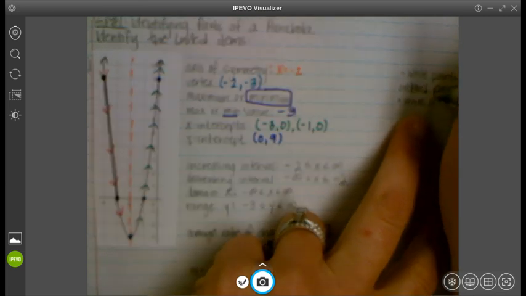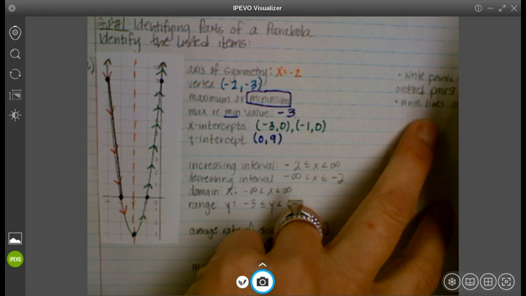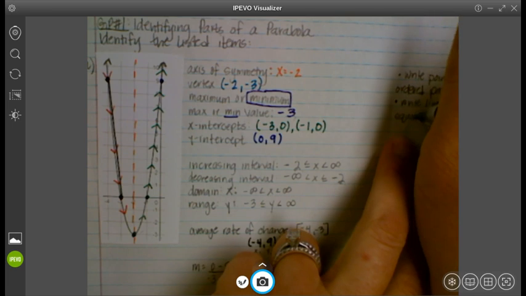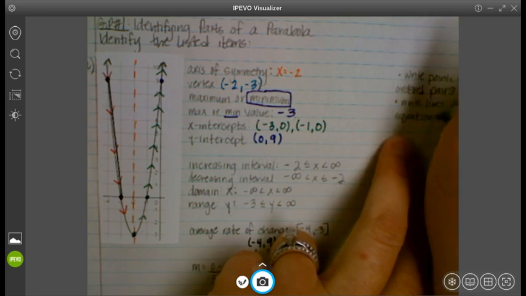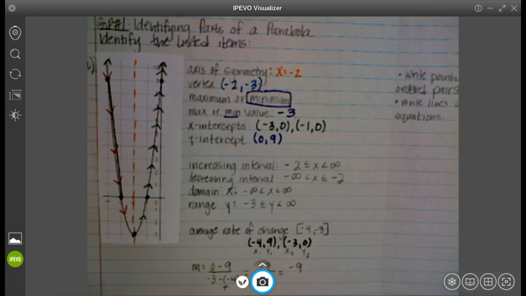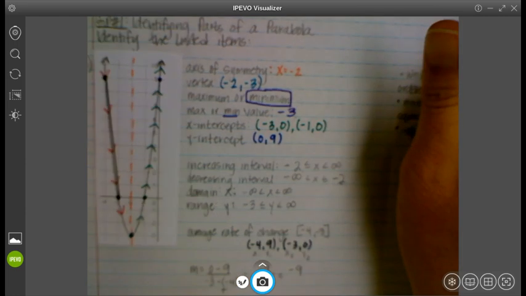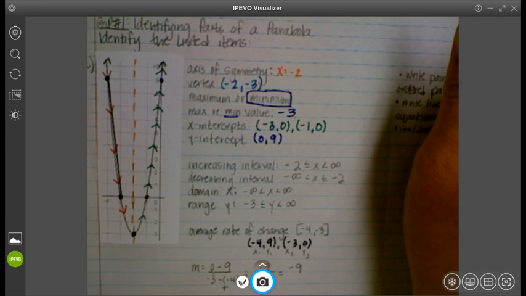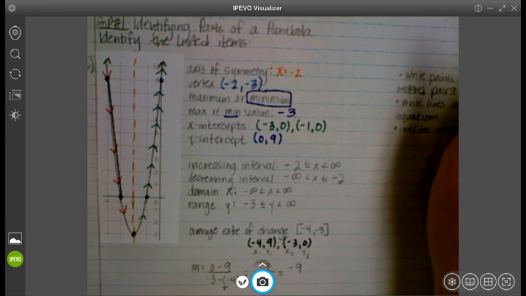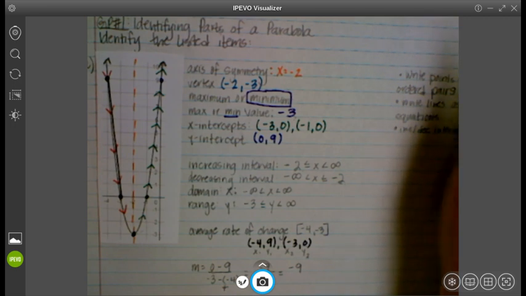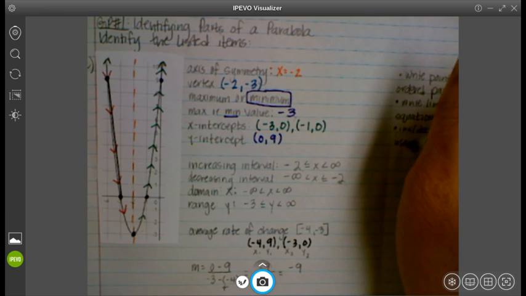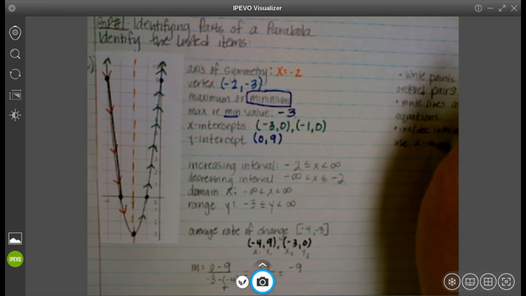Write lines as equations. Increasing and decreasing intervals use x values.